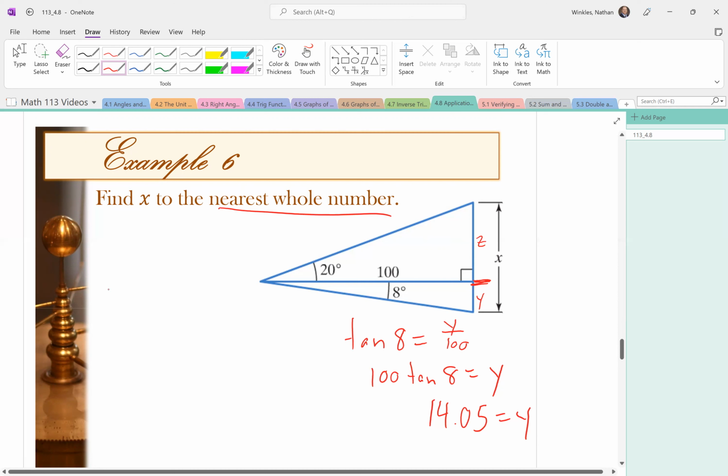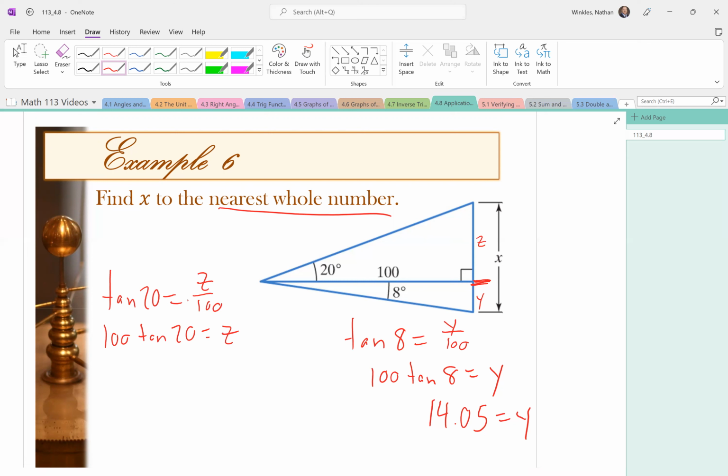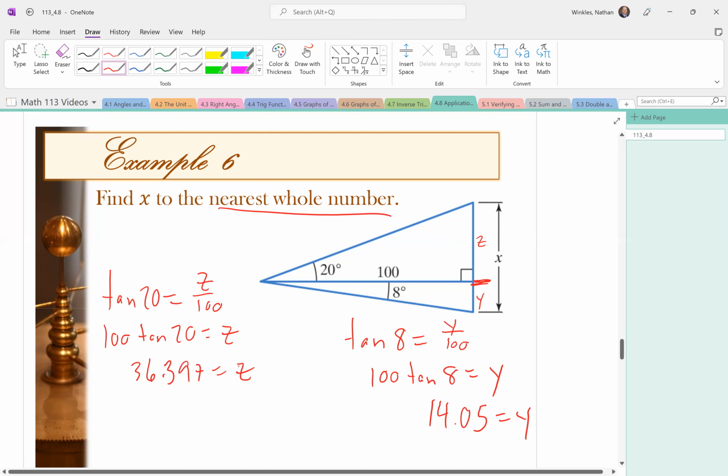So to find z, I need to use tangent of 20 is equal to z over 100. So 100 tangent 20 is equal to z. So 36.397 is equal to z.